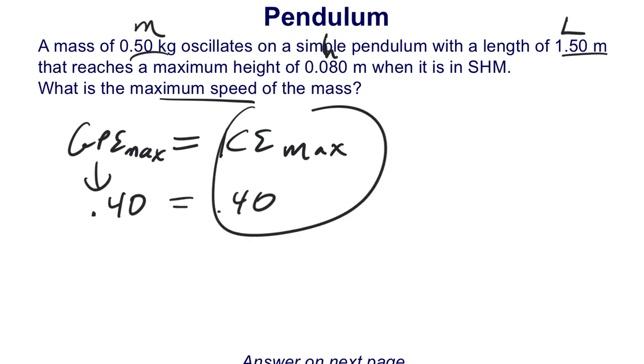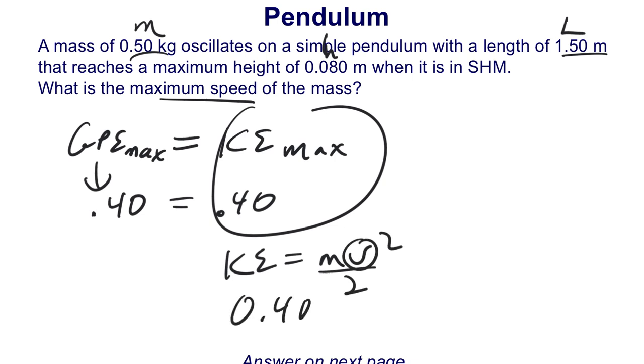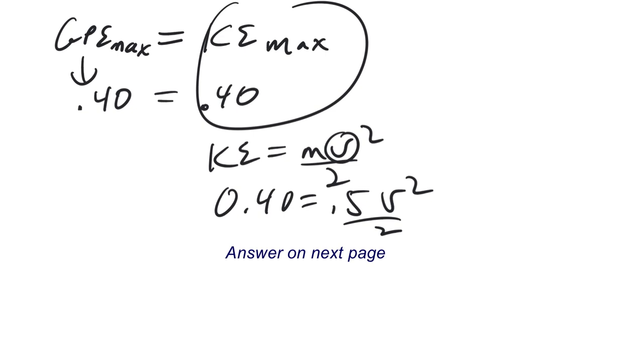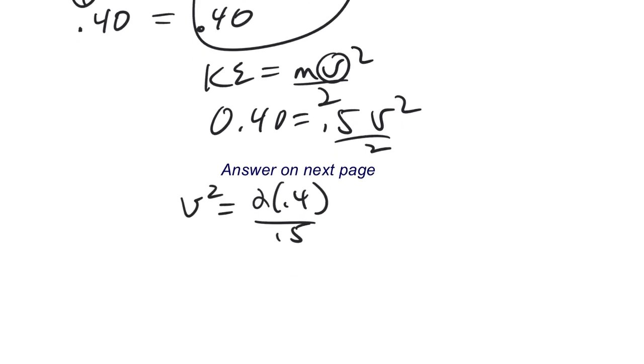So for maximum speed, KE equals mv squared over 2, where v is the maximum speed. So 0.40 equals 0.5 times v squared over 2. So it's 2 times 0.4 divided by 0.5, so 0.8 divided by 0.5, then take the square root of that. 0.8 divided by 0.5 is 1.6.